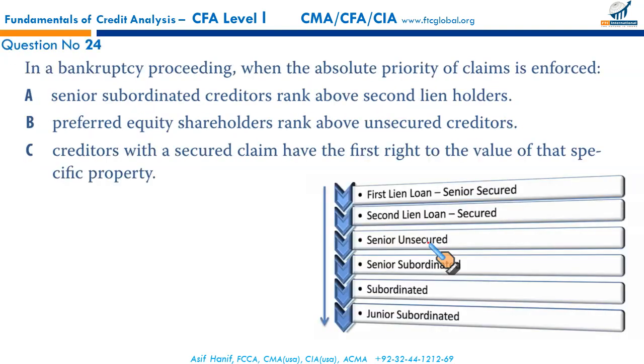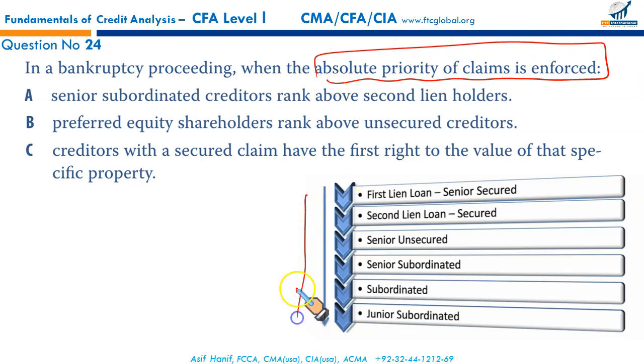Okay, in bankruptcy proceedings, when the absolute priority claim is enforced, we need to move this way. Senior subordinated creditors, which are placed right here, rank above second lien holders? Wrong. They rank lower than the second lien holder. This is wrong. Preferred equity is totally out of the question.